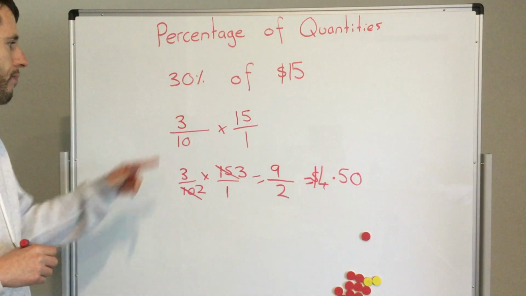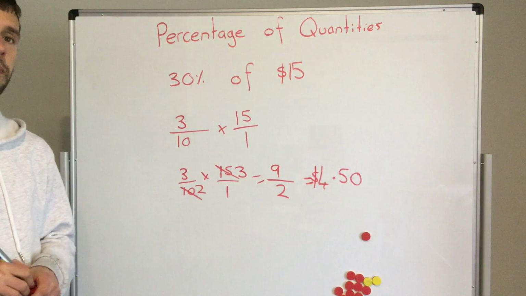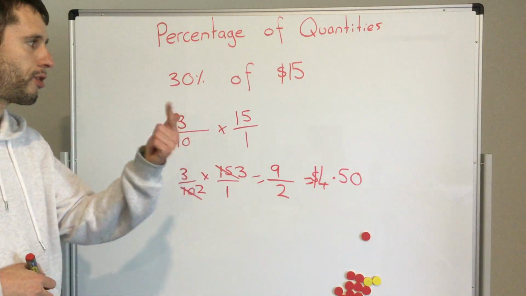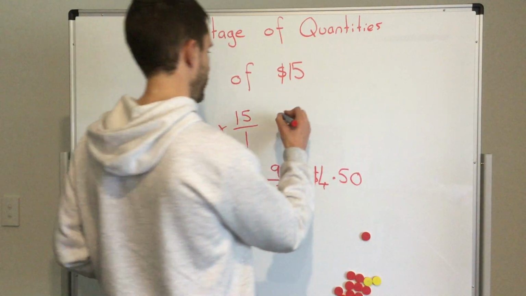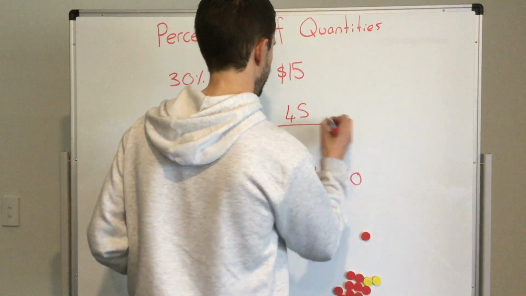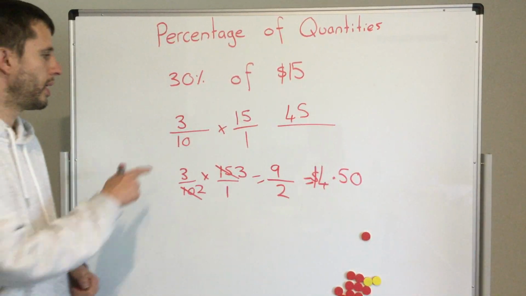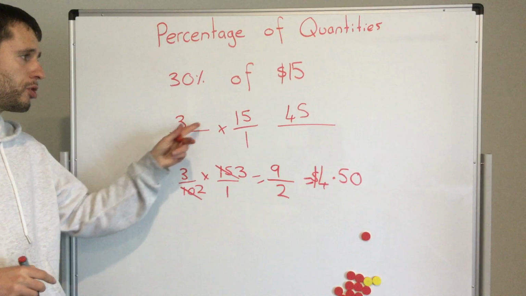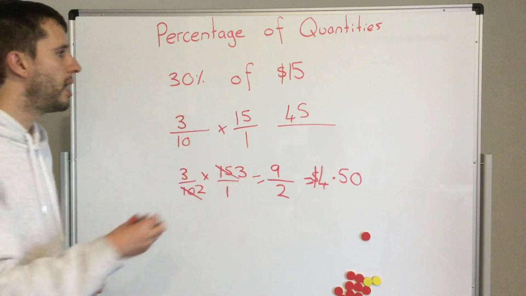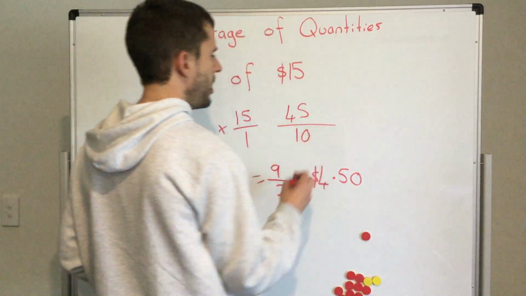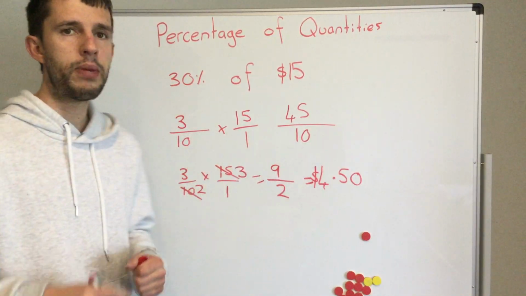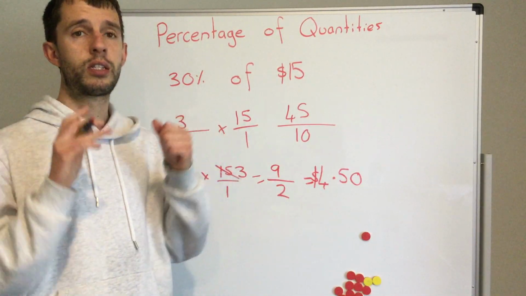Let's double check here. 3 times 15: 15, 30, 45. 10 times 1, because we times the numerators, we times the denominators. 10 times 1 equals 10. Now, when we're dividing by 10, our number is going to get 10 times smaller.